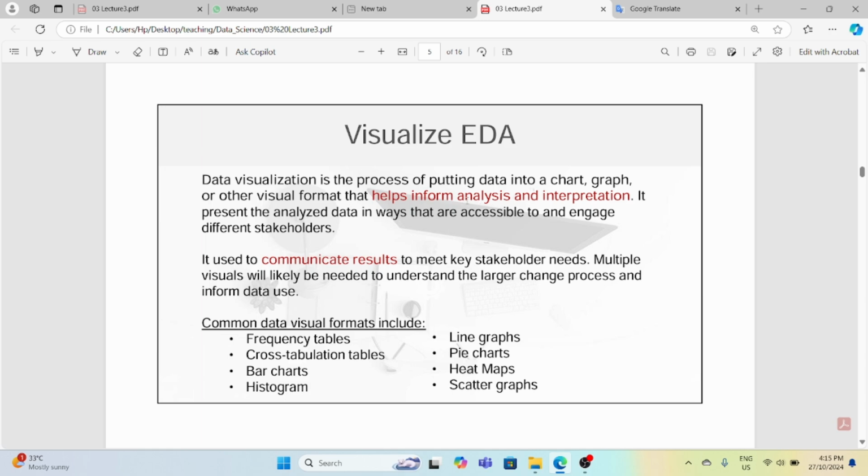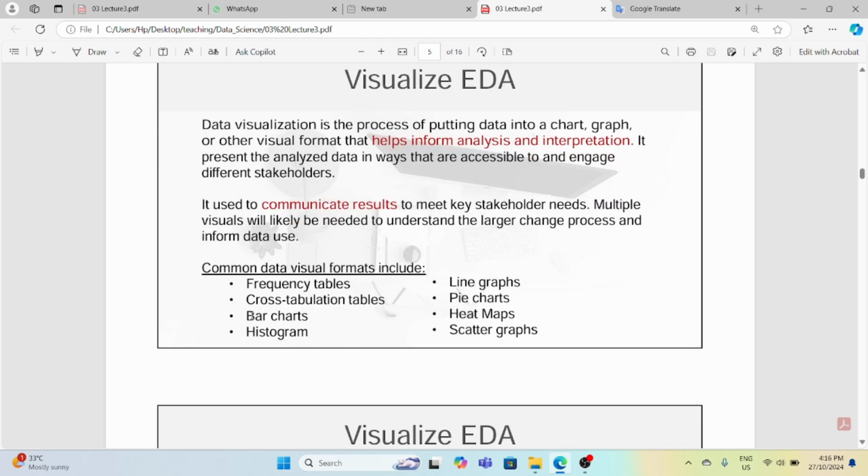It helps inform analysis and interpretations, and is used to communicate results to meet the stakeholders' needs. Multiple visuals will likely be needed to understand the larger change process and inform data use. These are the features of visual EDA.